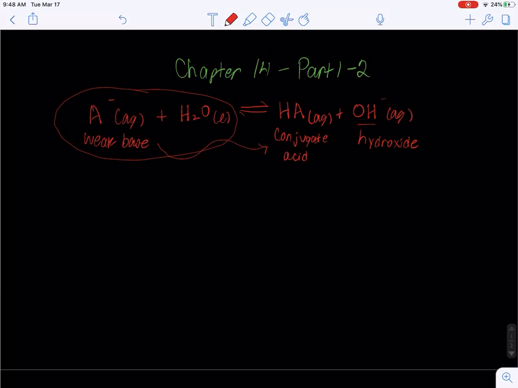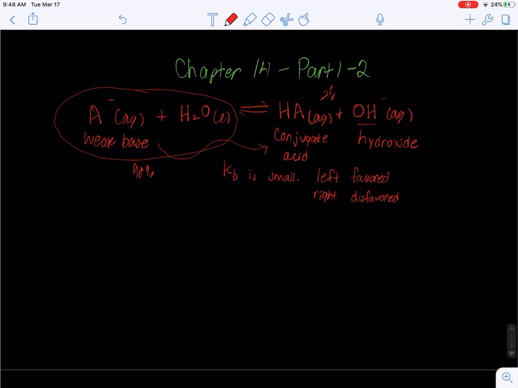So the Kb value is small. So this means the left side is favored, and the right side, or the products, are not favored. They're disfavored. So in solution, for example, we might have 98% of A minus, and we might have only about 2% of the conjugate acid and the hydroxide.